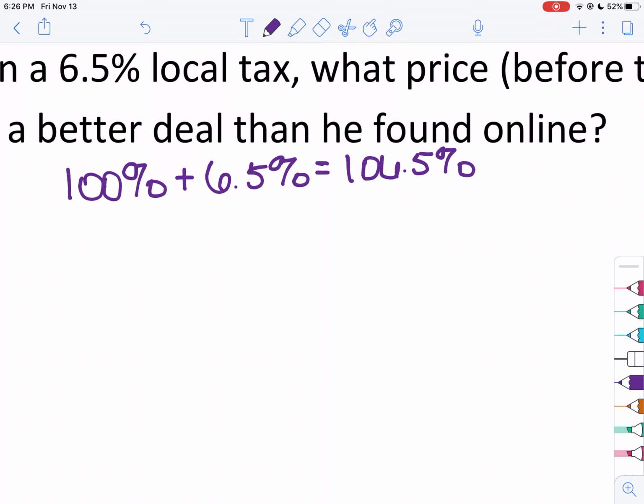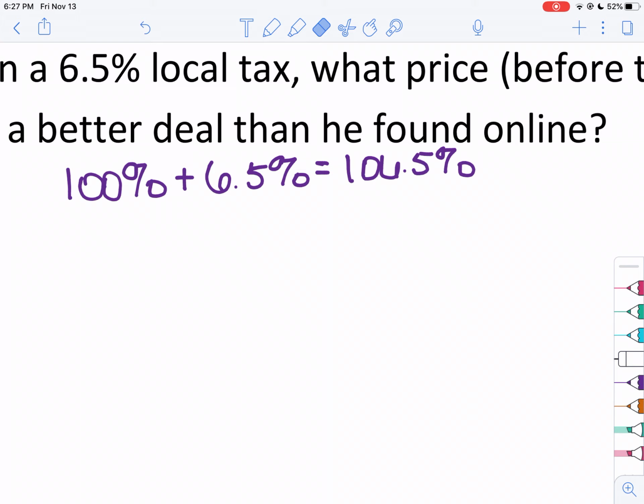So we want to know if $13.98 is our price to beat. So let's use that. So $13.98 is our price to beat. So we want $13.98 is our whole.